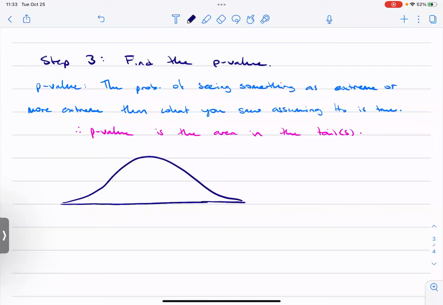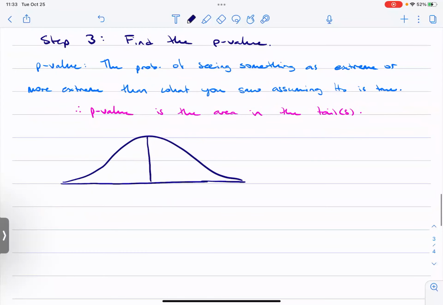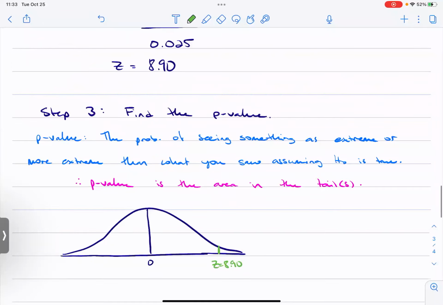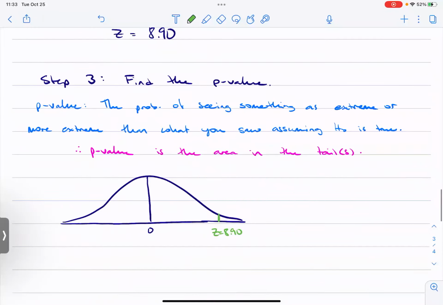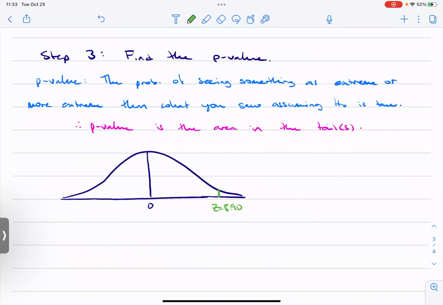In general, if I've got my center, now I've got a Z, so Z is centered on 0. If I've got a Z score of something crazy like Z equal to 8.90, remember Z has 2 decimal places, so that's 8.90.